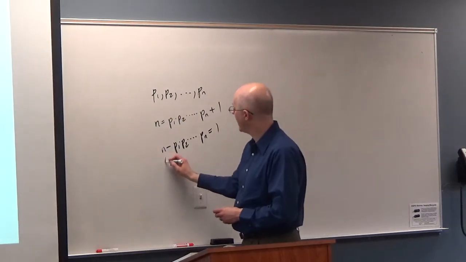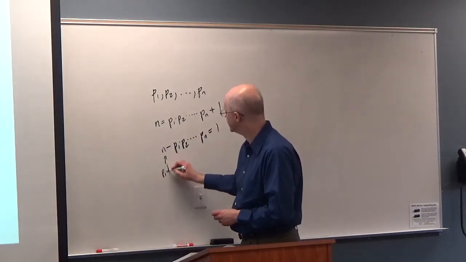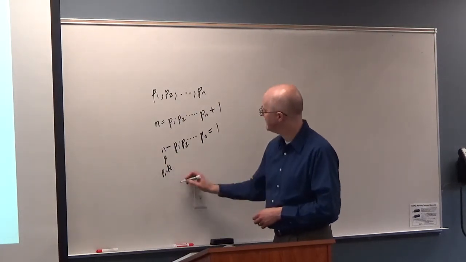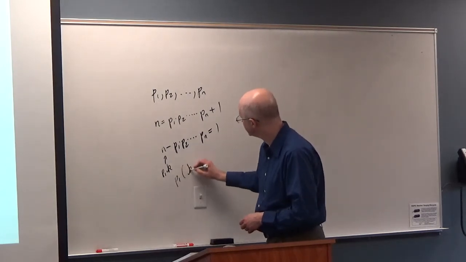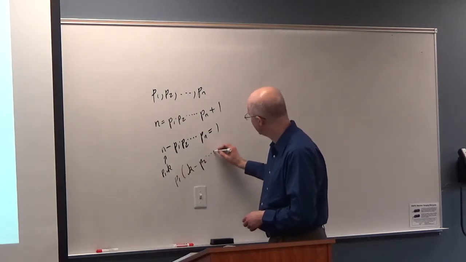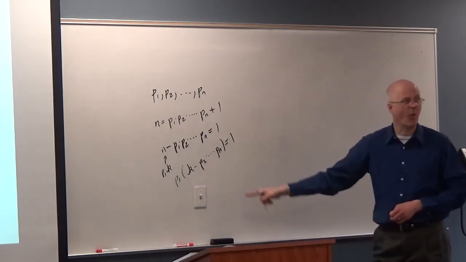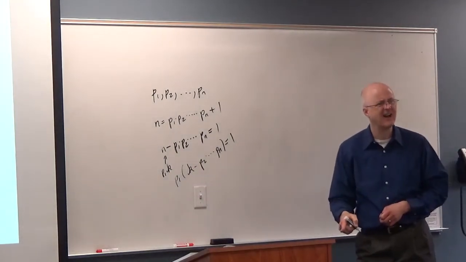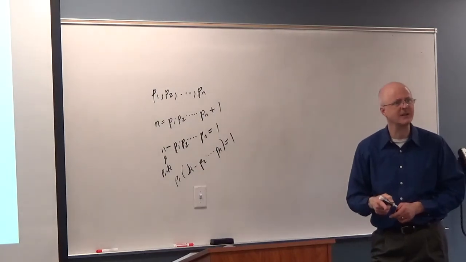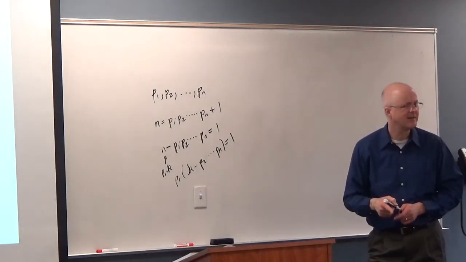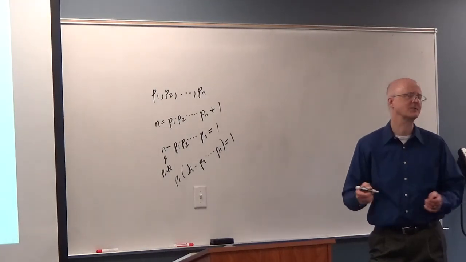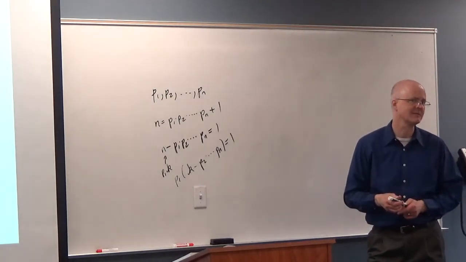Well, if it were, then n would be P1 times something, call it k, and you'd be able to factor a P1 out of this and say P1 is ultimately a factor of 1. What? How could a prime number be a factor of 1? How could it divide 1? That's a contradiction, so P1 must not be a factor.